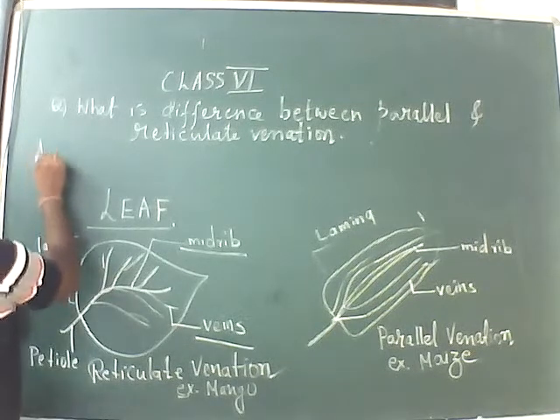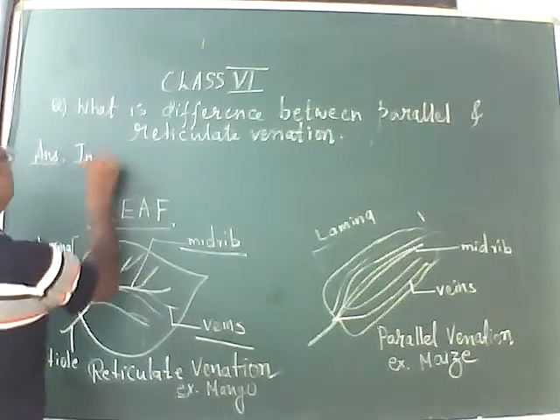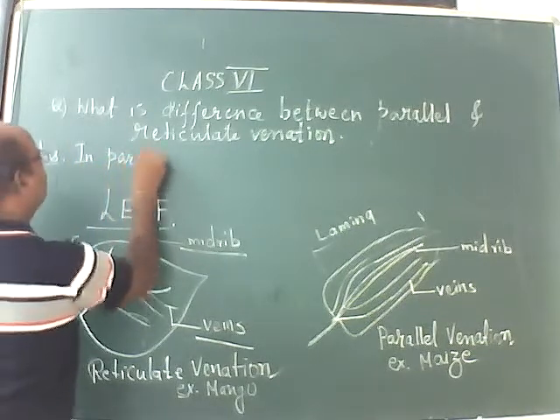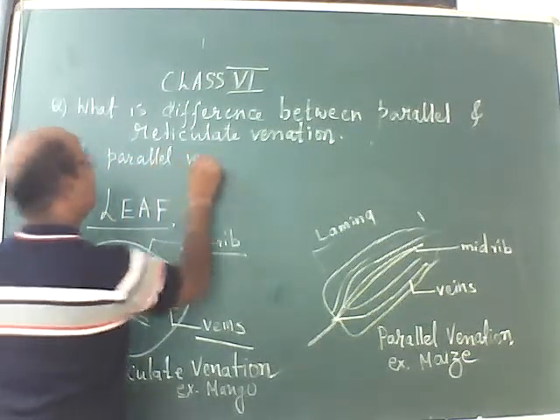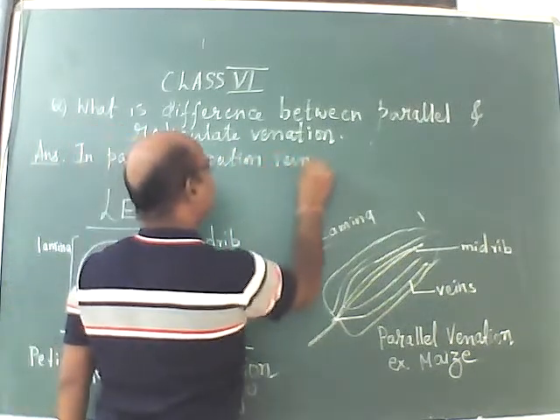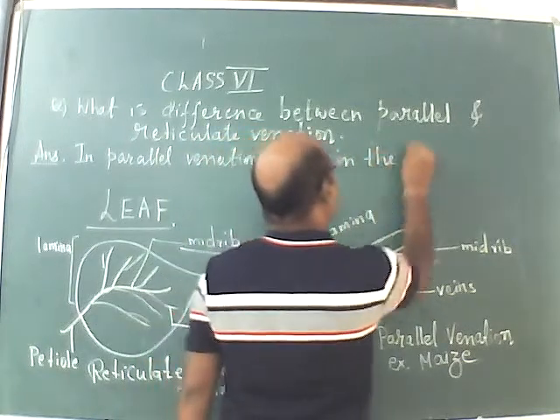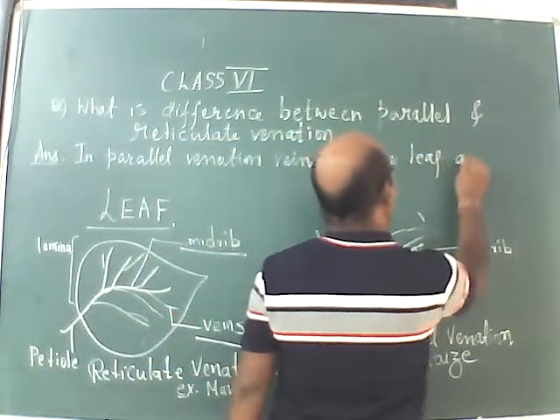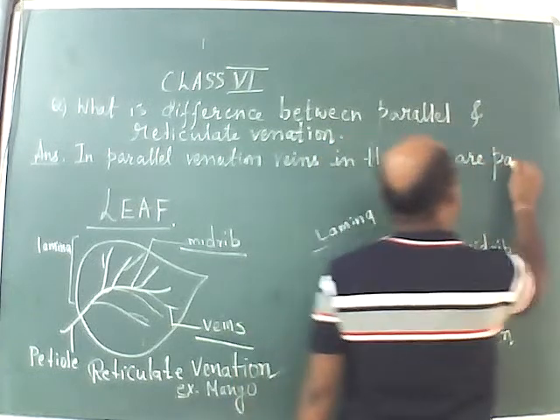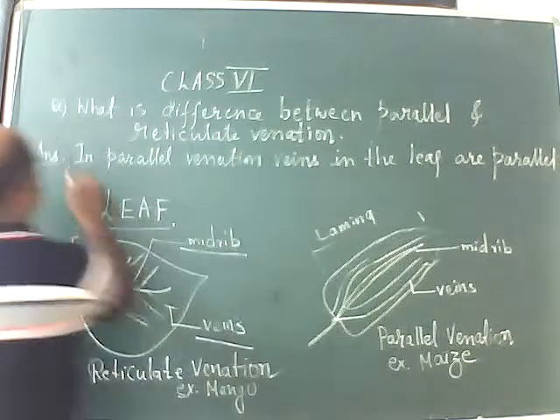So here in parallel venation, what happens? In parallel venation, veins in the leaf are parallel to each other.